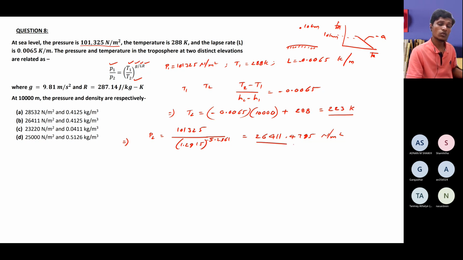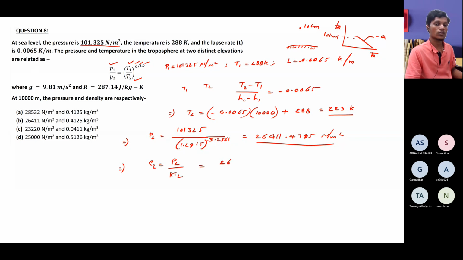This is your reduced pressure, because temperature decreases with altitude and your pressure should also decrease. Then they also asked for the density at that point. How do you find the density? It is a direct relation from the perfect gas equation, the characteristic gas equation.